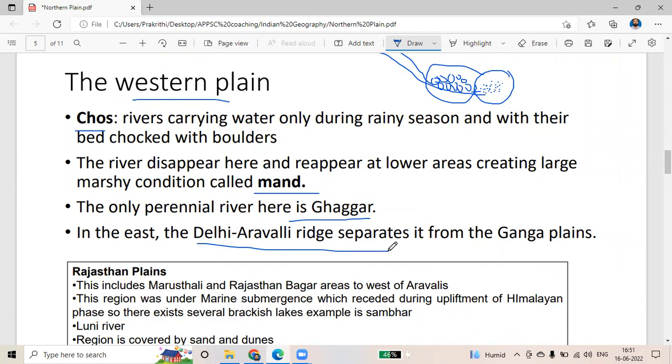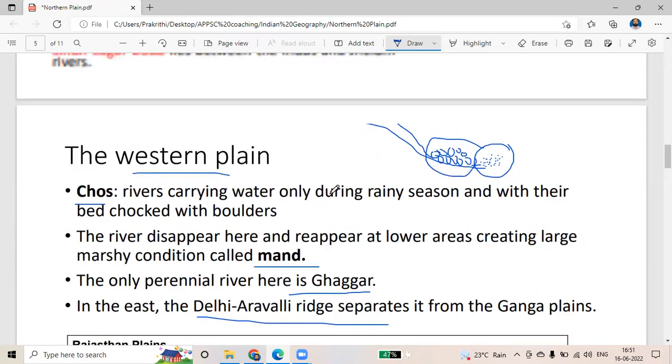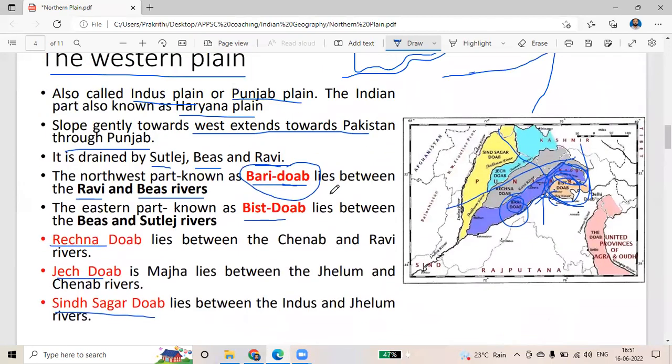It is not such a big range, but the extension of the Aravalli range is this Delhi Aravalli ridge system. It has a slight height, and from there the slope goes to one side, the western side, and to the other, the eastern side. The side that goes east is known as the eastern plain, and the side whose slope is western is the western plain. So for the western plain, you have to remember this many points.